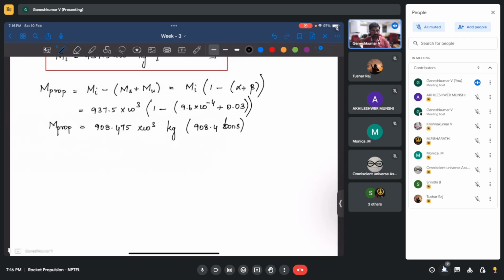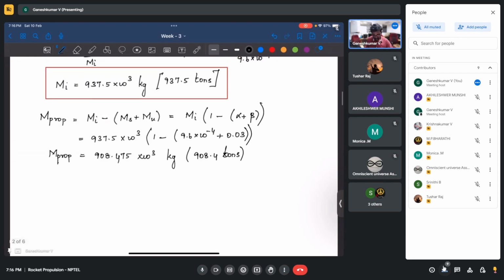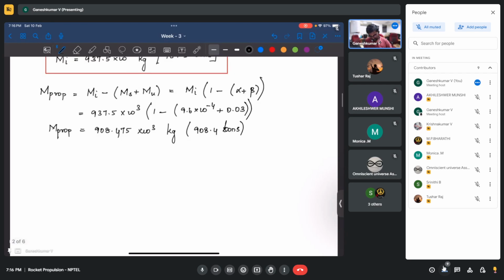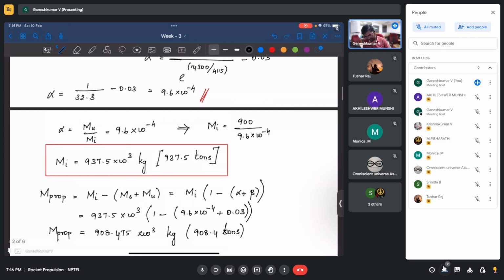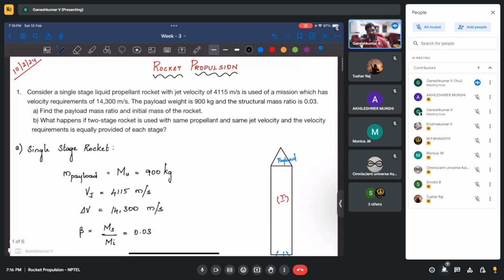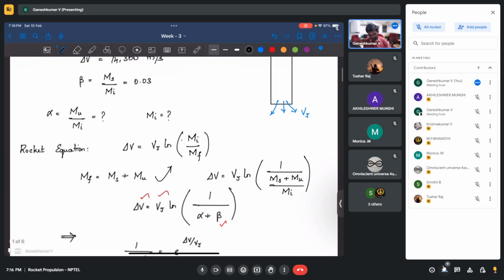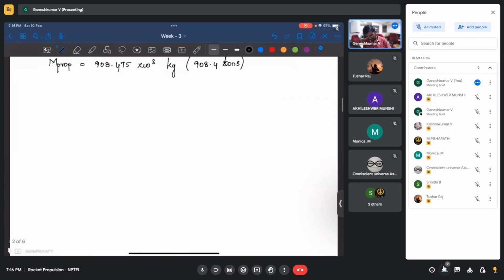That is the amount of propellant required if you go for a single stage rocket. So let this be. Now what we shall do is we'll try to find it for a two stage rocket. Okay, so let's go with the two stage rocket.